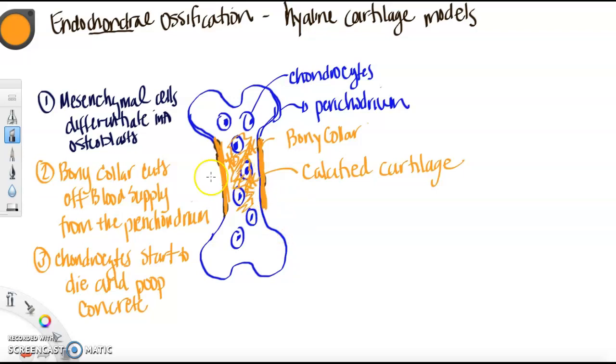So we've got these cells dying off here, and no blood supply, and oh my gosh, what to do?